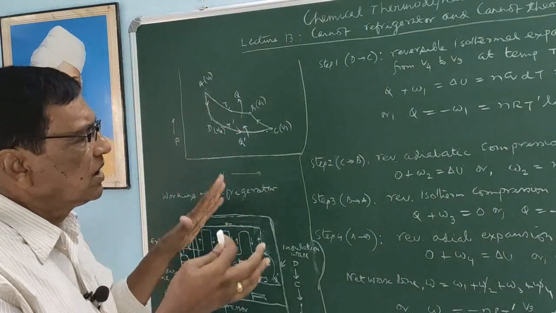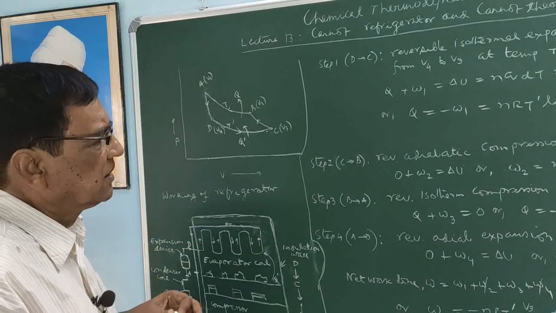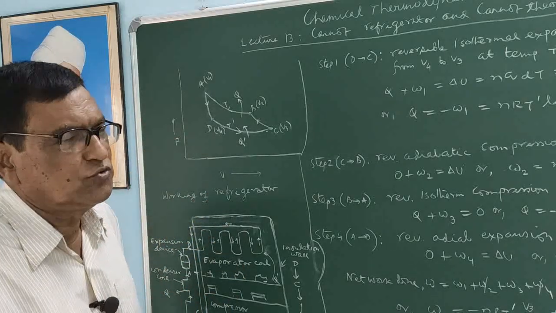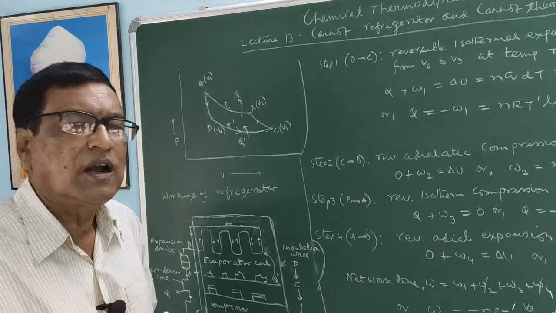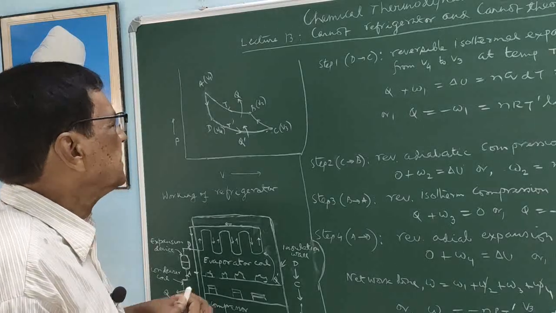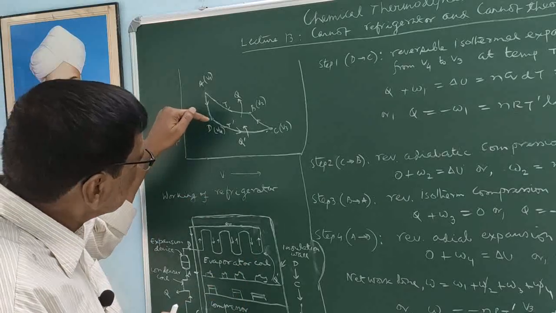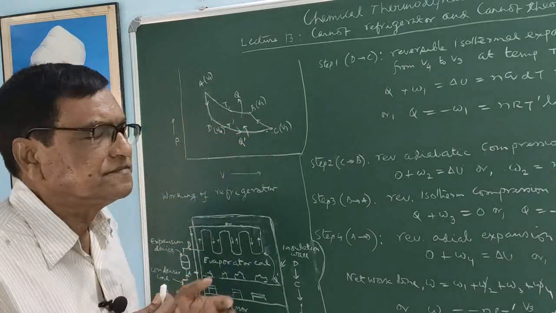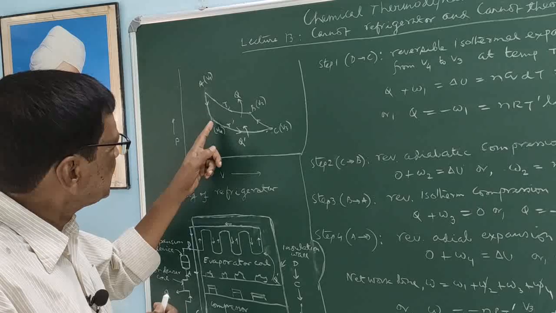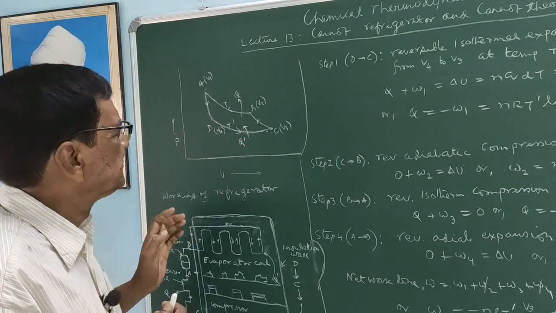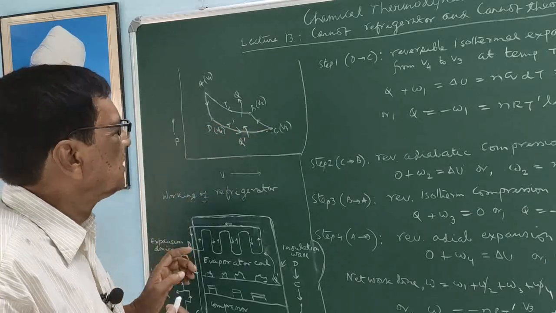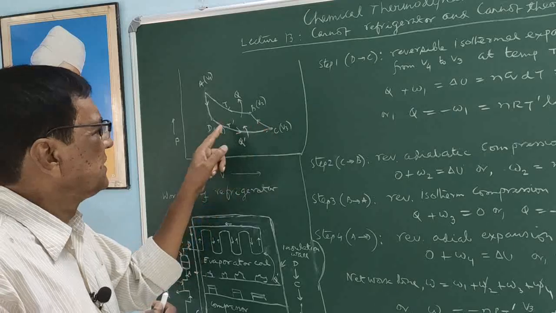The steps will be similar to the Carnot engine. Here D to C is isothermal, reversible expansion.